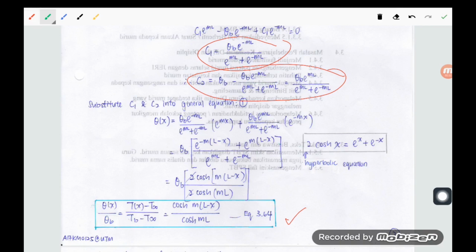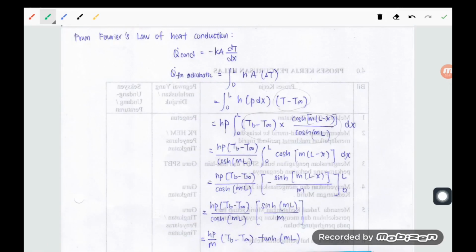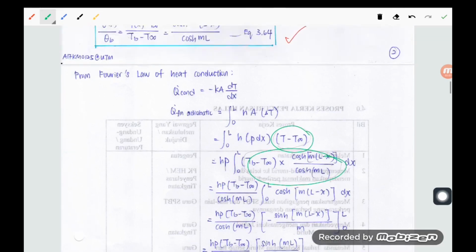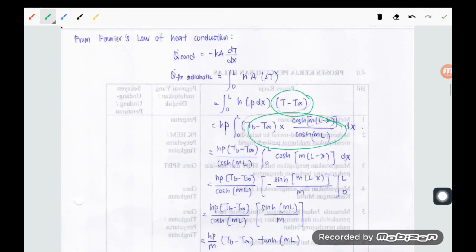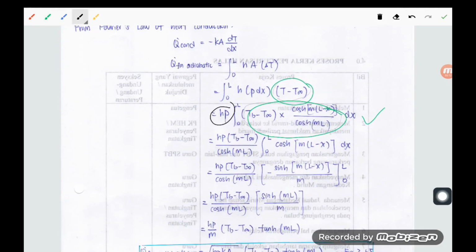To simplify this equation, we use the hyperbolic functions, and we can simplify the equation into a cosh function. For the adiabatic fin heat rate, the T minus T infinity we get from equation 3.64, and we substitute into this our hP and also TB minus T infinity, and also the cosh and L. It is not related to the dx.